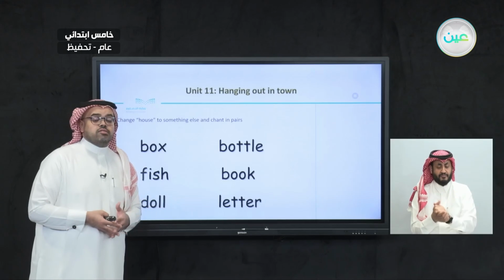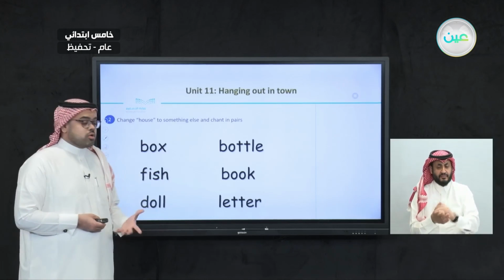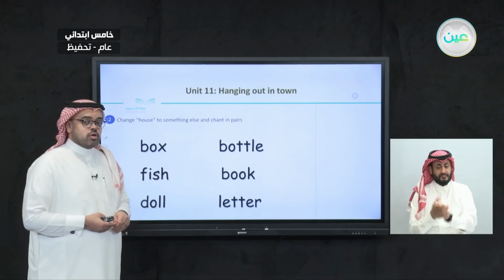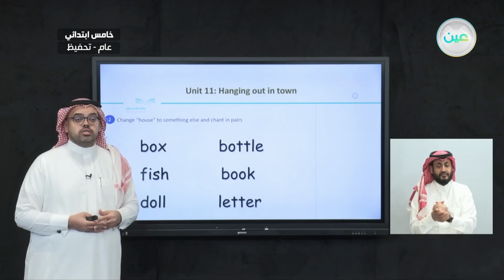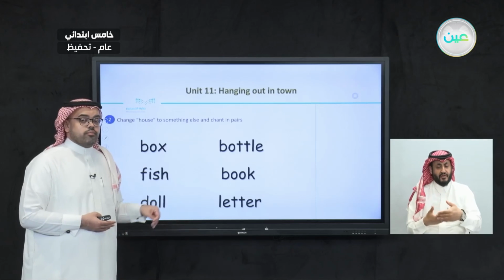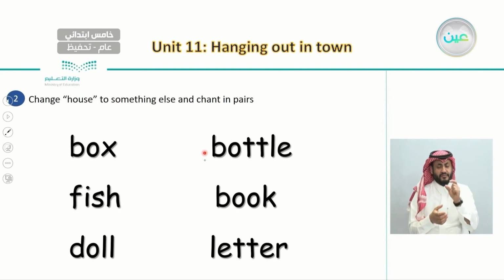Or we can chant, there was a little green fish. Or there was a little green doll. Or there was a little green bottle. Or there was a little green book, or there was a little green letter.